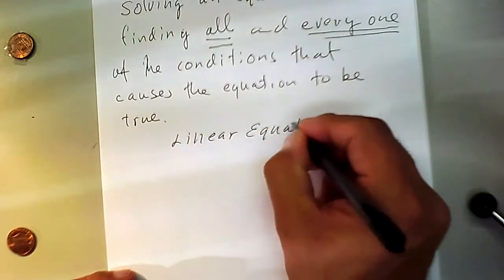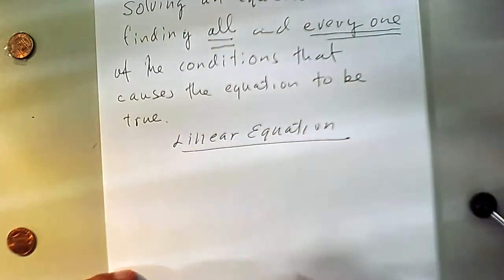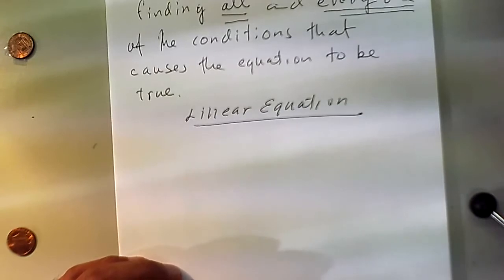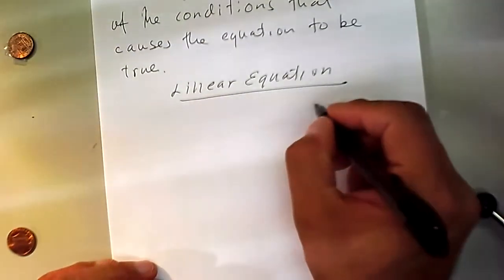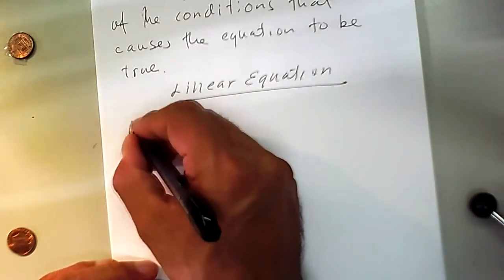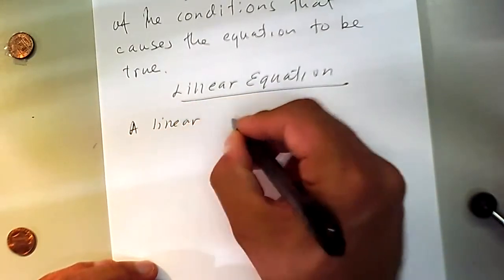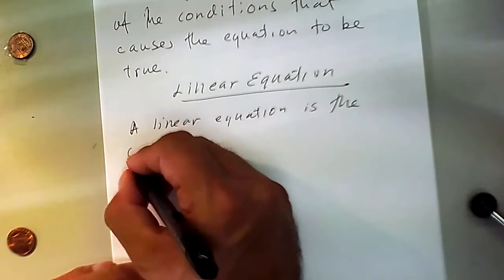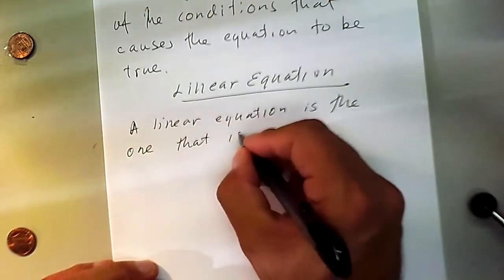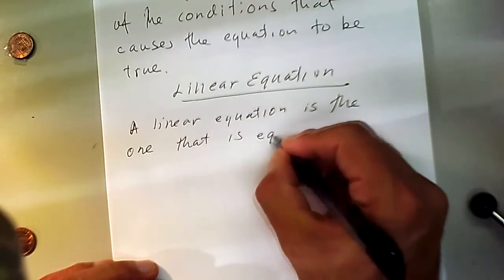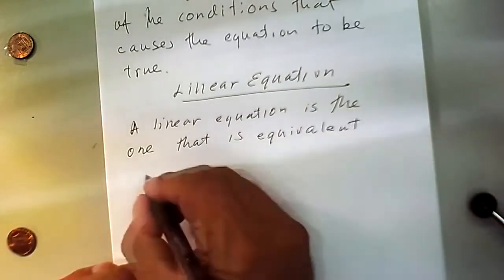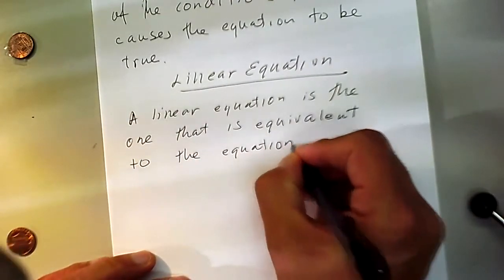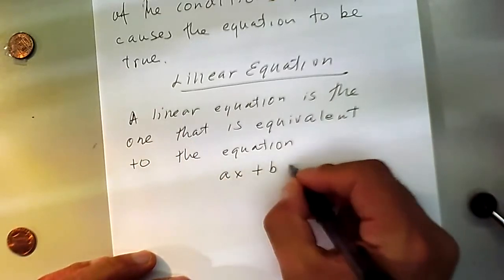Linear equation. So we have to define what we mean by a linear equation. A linear equation is the one that could be written in a certain form. A linear equation is the one that is equivalent to the equation ax plus b equal to 0.